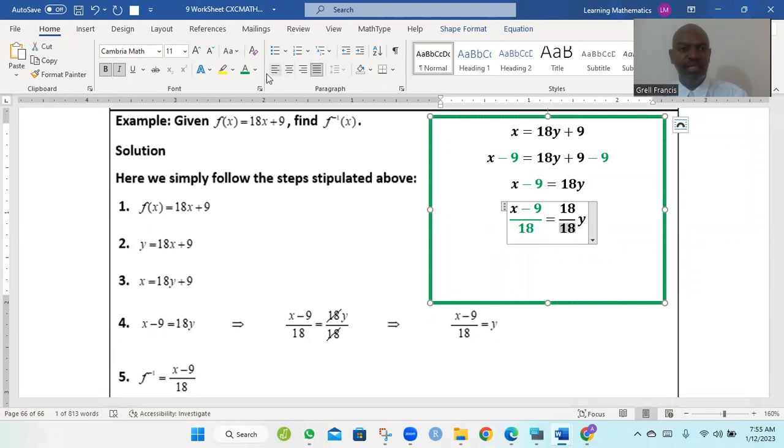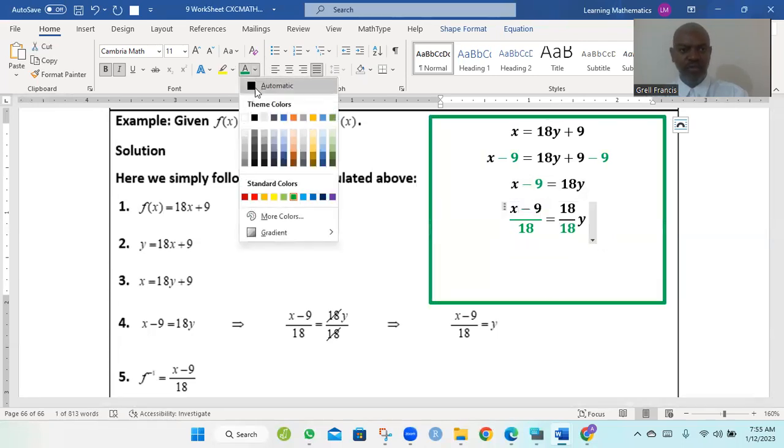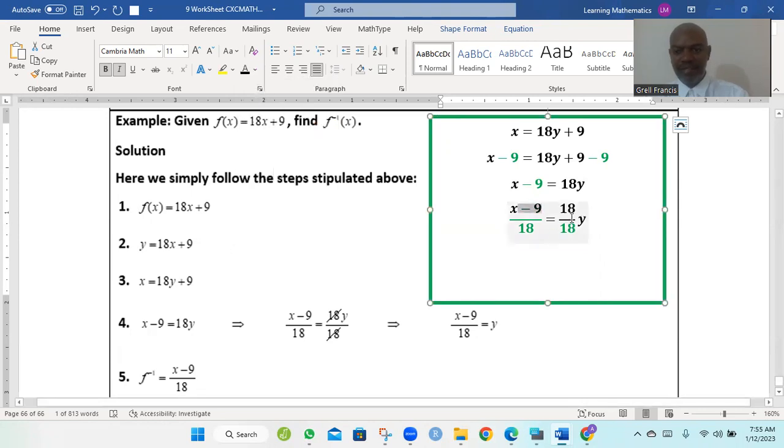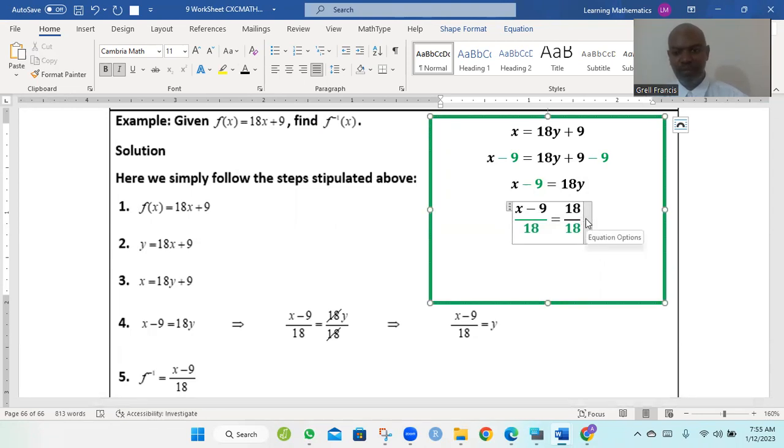So ensure that you put x minus 9 in a bracket. As you can clearly see, 18 is cancelled out from the right side. It was multiplying to y, but now it is dividing now on the left side.